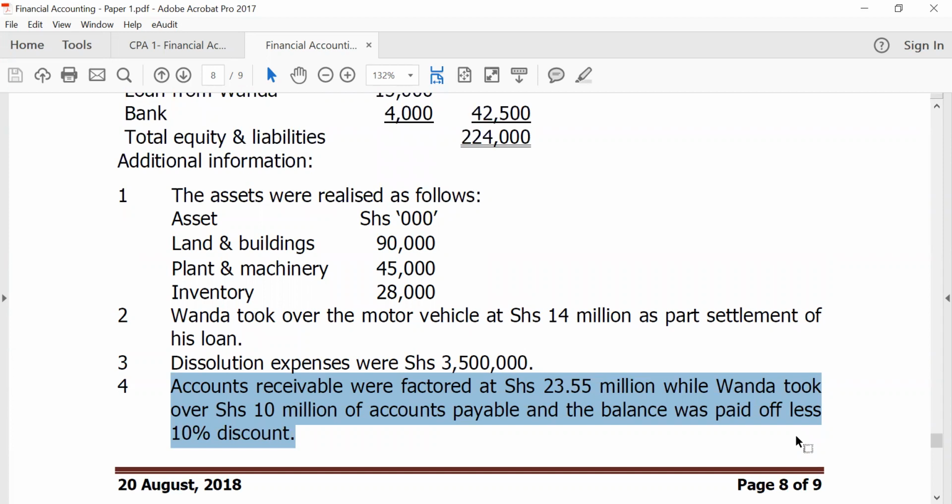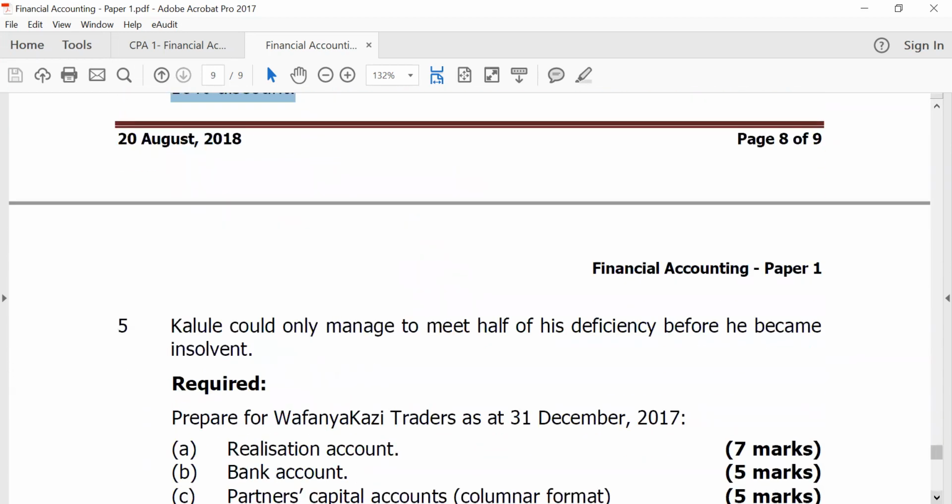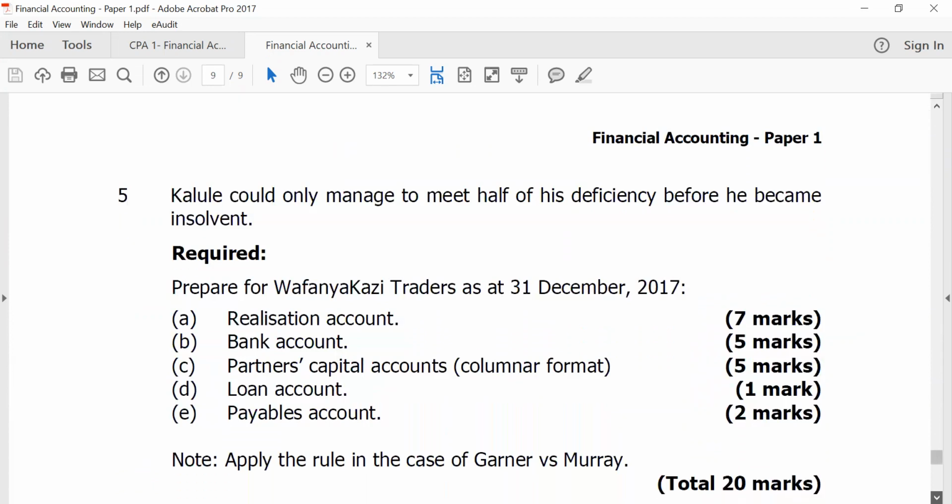And then they're telling us the balance was paid off at a 10% discount. And then they're telling us Carole could only manage to meet half of his deficiency before he became bankrupt.